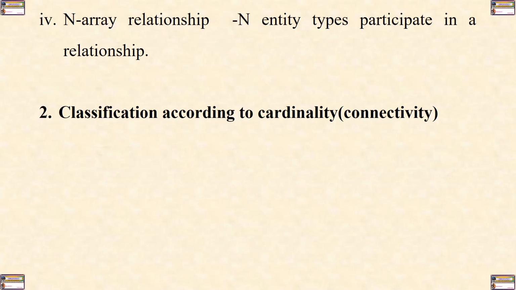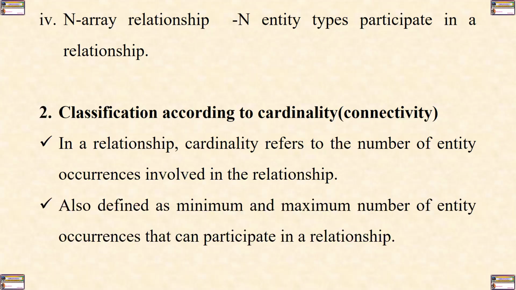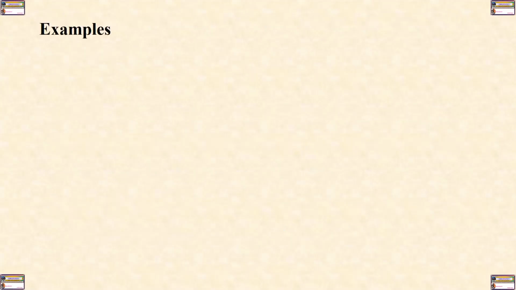The second classification of relationships is according to cardinality or connectivity. In a relationship, cardinality refers to the number of entity occurrences involved in the relationship, also defined as the minimum and maximum number of entity occurrences that can participate in a relationship.